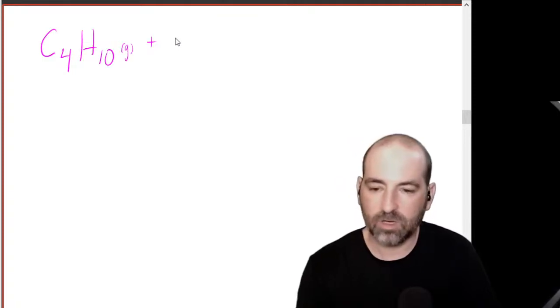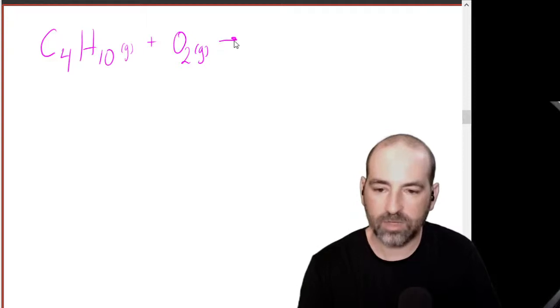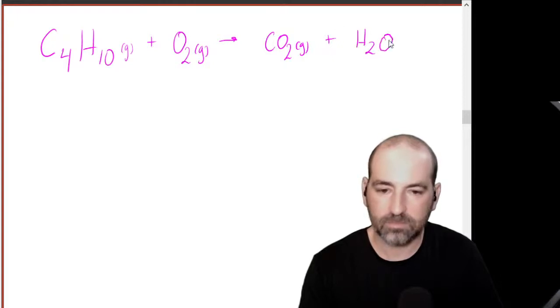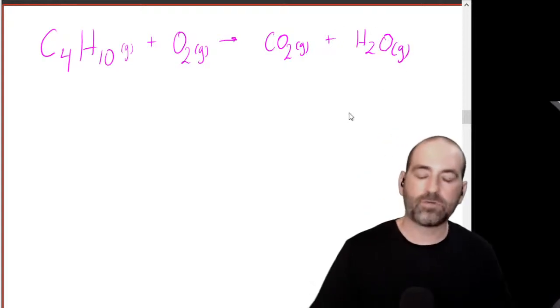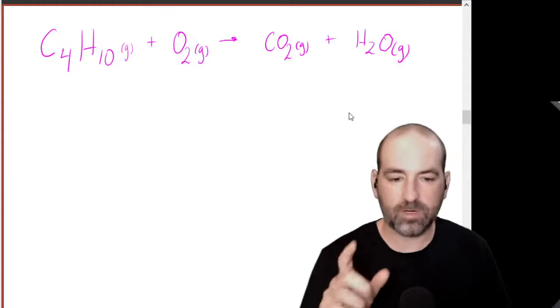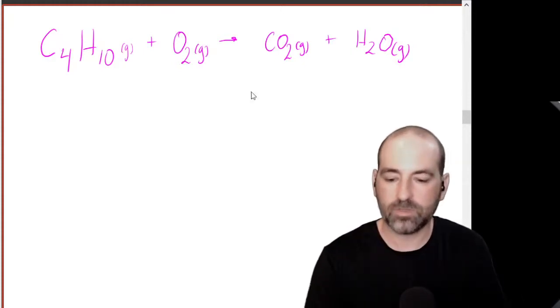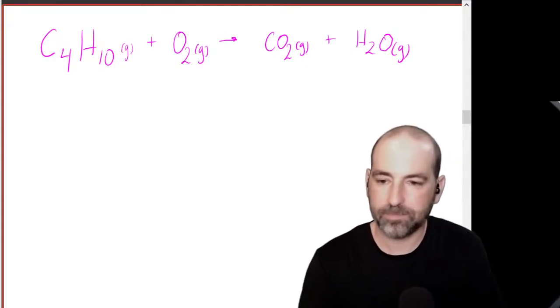So this is combustion of butane. Butane gas reacts with oxygen gas to make carbon dioxide gas and water vapor. This one's actually going to run into two problems here potentially. So we'll go through this one together.